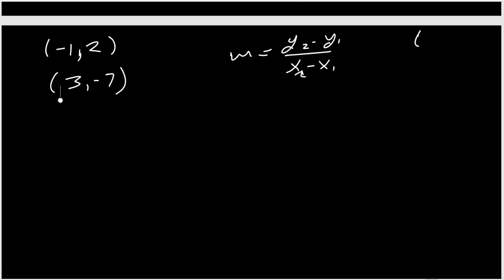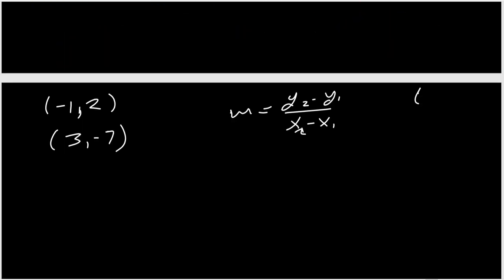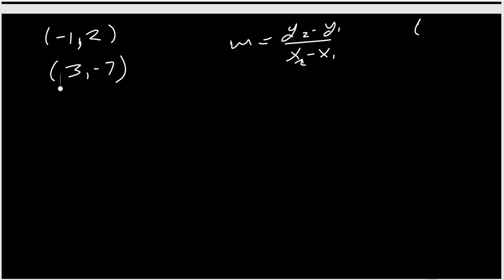So keep in mind the slope formula is y2 minus y1 over x2 minus x1, where your 2 points are x1, y1, and the other point we just label x2, y2.